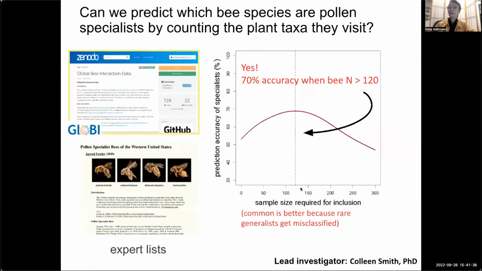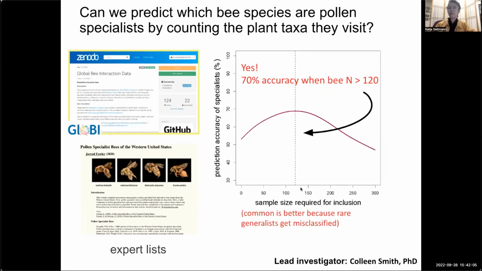And then one final research example. The lead investigator is Colleen Smith, a postdoc here at UC Santa Barbara, who is using opportunistic data sets, again of bee-plant interaction data, asking if we can predict bee floral specialization from these historic records. In short, the answer is yes, with up to 70% accuracy.